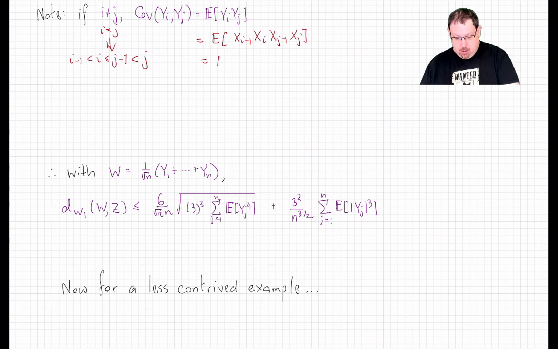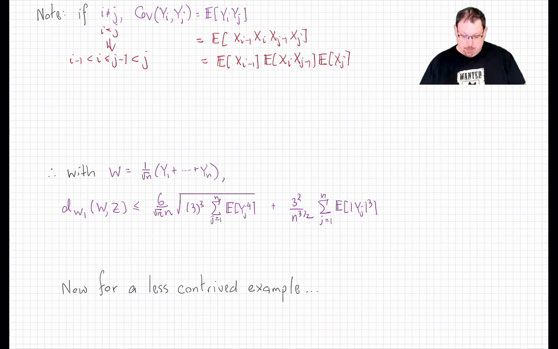In other words, this is always equal to the expected value of xi minus 1 times the expected value of xi times xj minus 1 times the expected value of xj, because all of those variables in question here, this one, and this one here, are in L1, since these two are in L4, and this product of two L4 random variables is in L2. But these are centered, and so no matter what happens to that middle term, this is equal to 0. And so what we see is that although the y's are definitely not independent, they are uncorrelated.